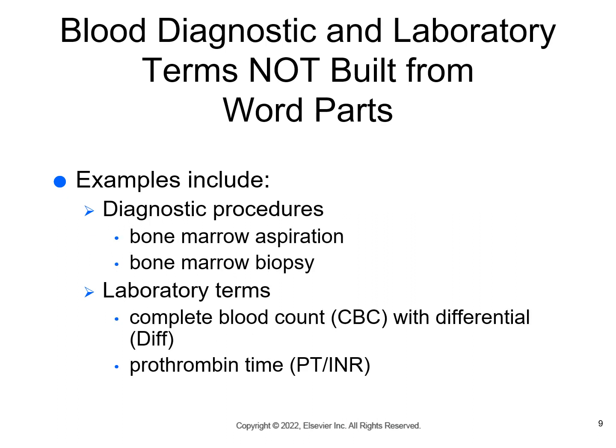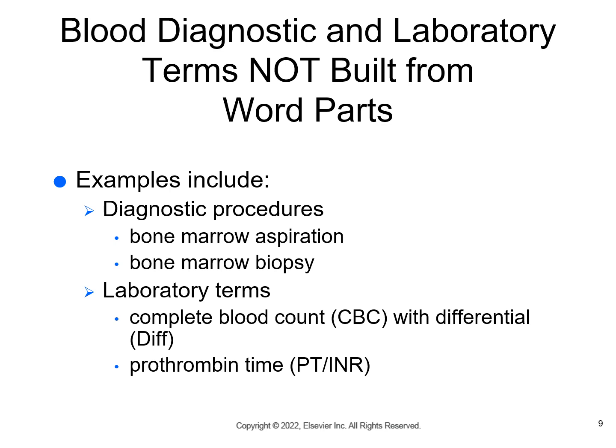Examples of blood diagnostic and laboratory terms. Diagnostic terms are bone marrow aspiration. In this case, it's a procedure where a sample of bone marrow is collected from basically the hip bone of the person. This is collecting the liquid part of the bone marrow.